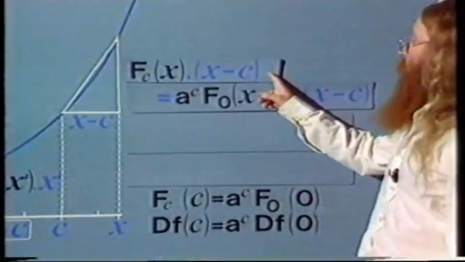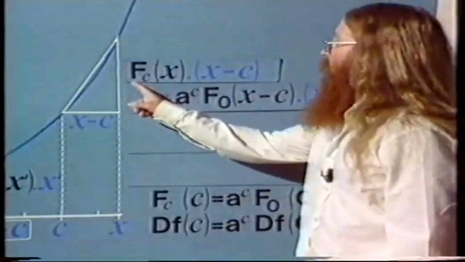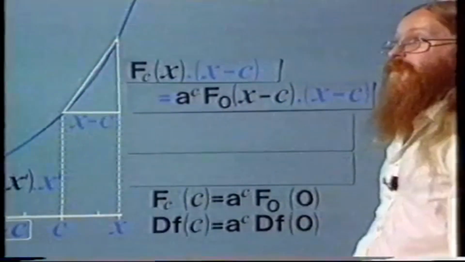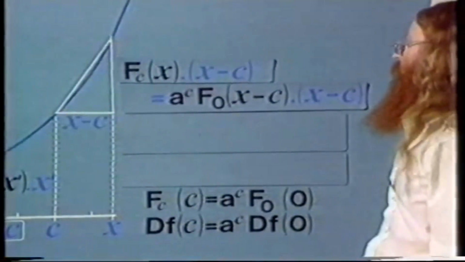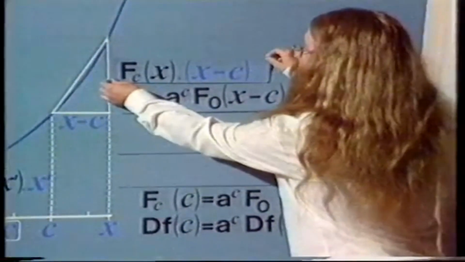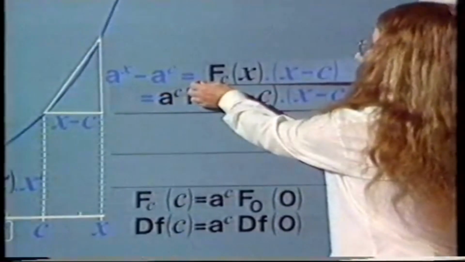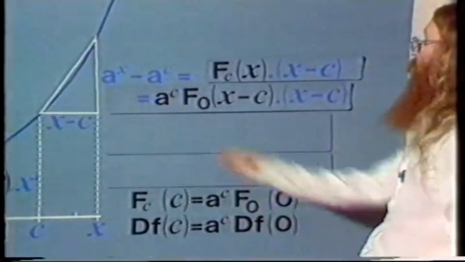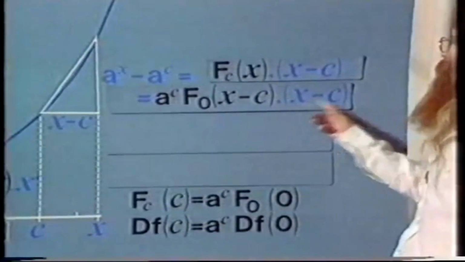Now, you should recognize this expression already. You see, what it is, it's the value of the chord slope function times this difference. And we just know that that's the first part of the definition of the chord slope function. And hence, it's just equal to the difference of the values. So it's equal to a to the x minus a to the c. Well, what have we got here? We've got something times x minus c.